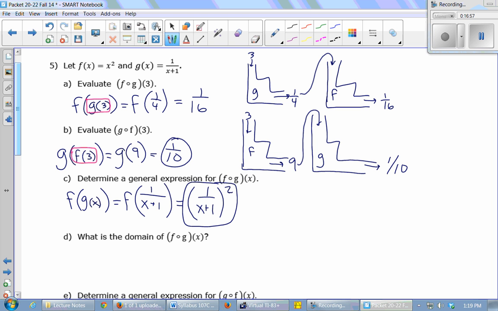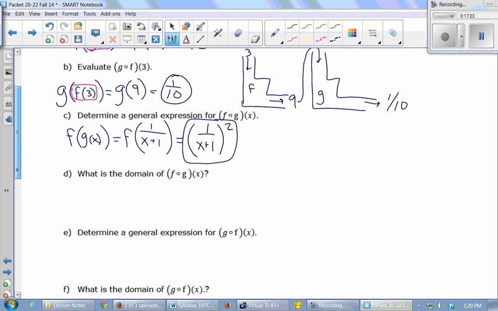Yep, because 3 plus 1 is 4. So this is 1/4 squared is 1/16. And that's what we got when we did it in 2 steps. So you can check that your formula works. Right, because f means square it. So we just squared it instead of writing f.